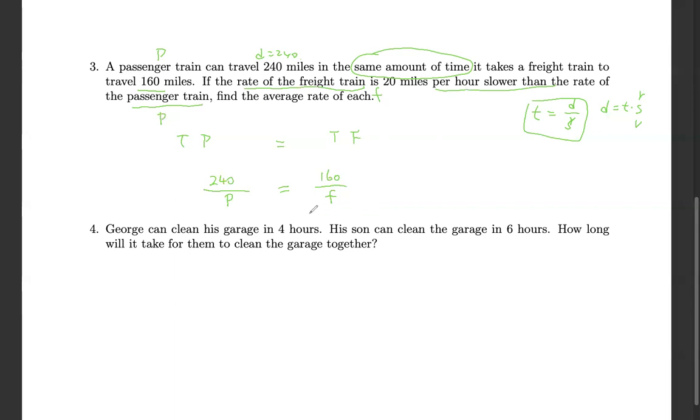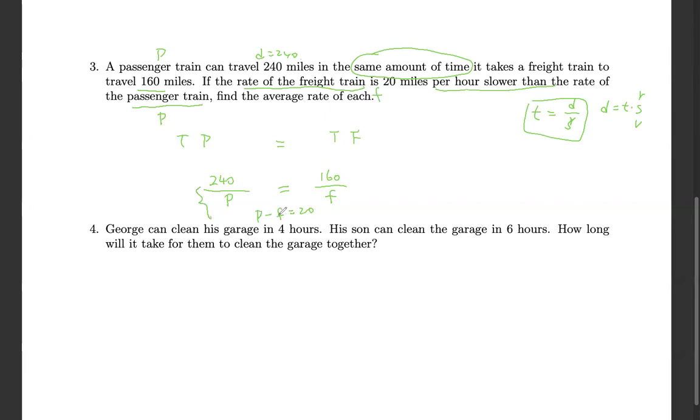And the second one is that the rate of the freight train is 20 miles per hour slower than the rate of the passenger train. Remember, we call the speed of the freight train F, and the speed or rate of the passenger train P. So this gives us P minus F equals 20, right? So the difference between the passenger train and the freight train is 20 miles per hour. And the passenger train is faster than the freight train because at the same time, the passenger train can travel 240 miles and the freight train only travels 160 miles.